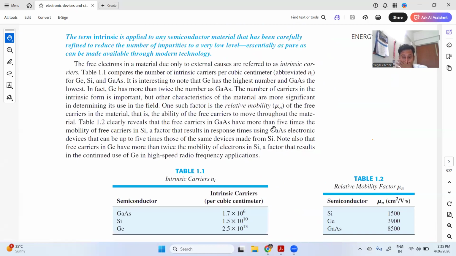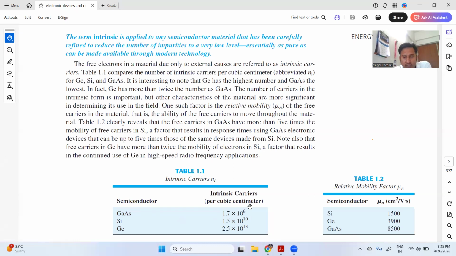Now, let's talk about the intrinsic carrier concentration. In the beginning of this video, I told you that the number of charge carriers in different semiconductors is different. So according to the number of charge carriers, in gallium arsenide you have 1.7 into 10 to the power 6 per cubic centimeter.